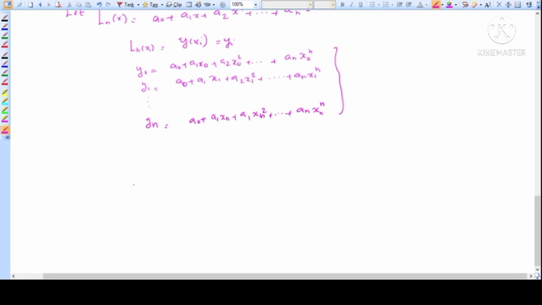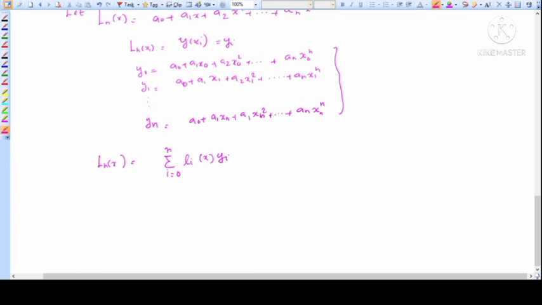So what will be Ln of x? It is the sum over i equal to 0 to n of Li of x yi, as we wrote in the case of L1 of x, L2 of x.